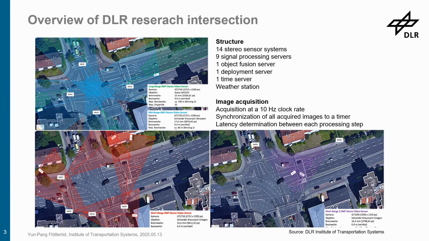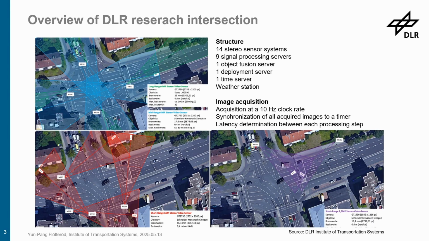As shown in these three images, you can see that the blue sensors focus on the inside area of the intersection, while the green ones monitor the outside area of the intersection.